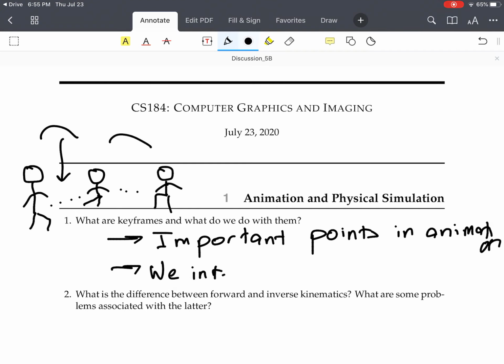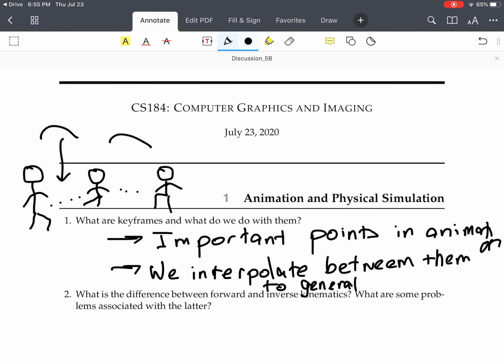We interpolate between them to generate the full animation. So all the missing frames in between, these are just the key points, and we use interpolation to generate all the other missing frames from the important ones that are done by hand.